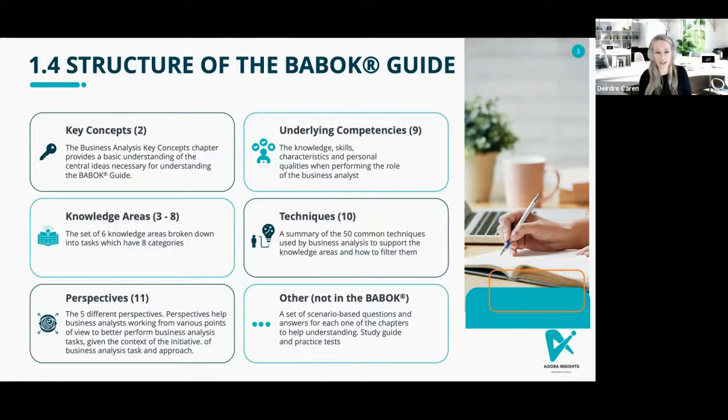You then have underlying competencies, and these are about your behavior. This is about how, as a professional, you would perform certain things. This is a very important chapter. It's underestimated by many when studying, and we'll get into it in a little more detail.